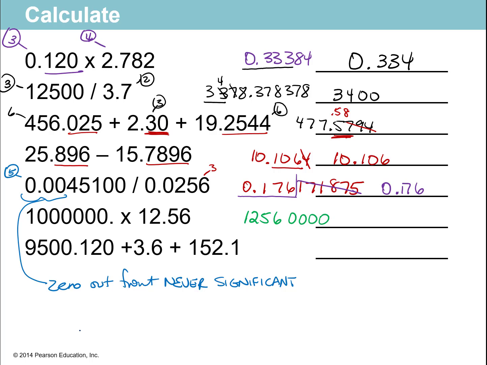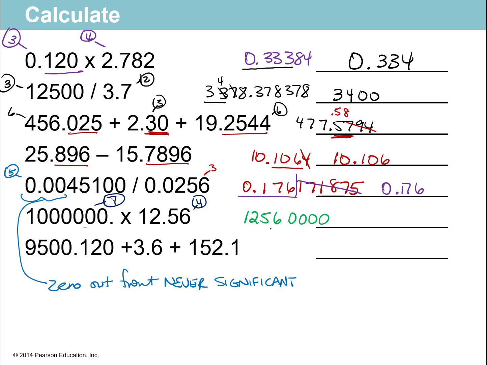I can't keep all of those, or can I? How many significant figures in this 1 million decimal place? 7. That's all of them because the decimal place is at the end. So that means all those zeros are measured numbers. 12.56 has 4. So I've got to round my answer to 4.